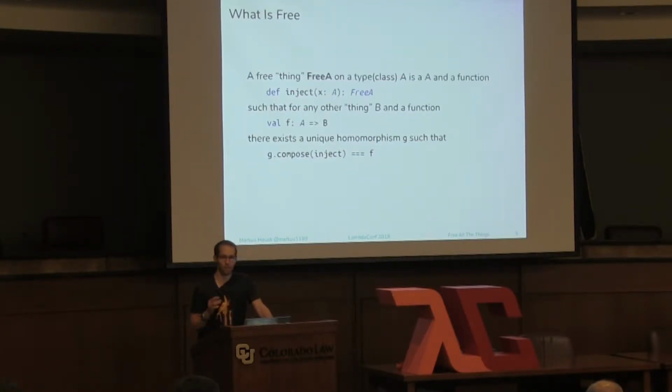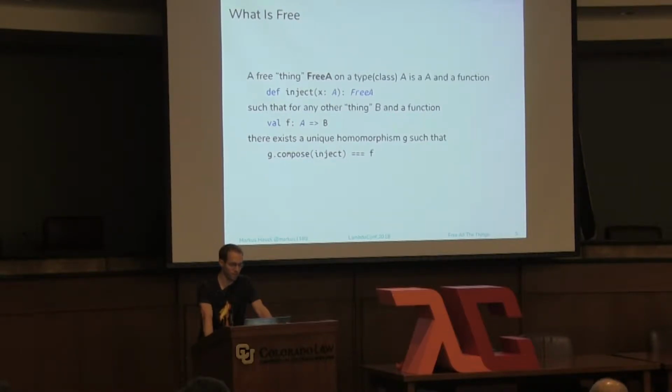To put it in a few more words, a free thing, let's call it Free A, on a type class A consists of the A itself, and a function that we call inject here, sometimes it's also called lift, that receives an x of type A and returns a Free A. But there are some rules.